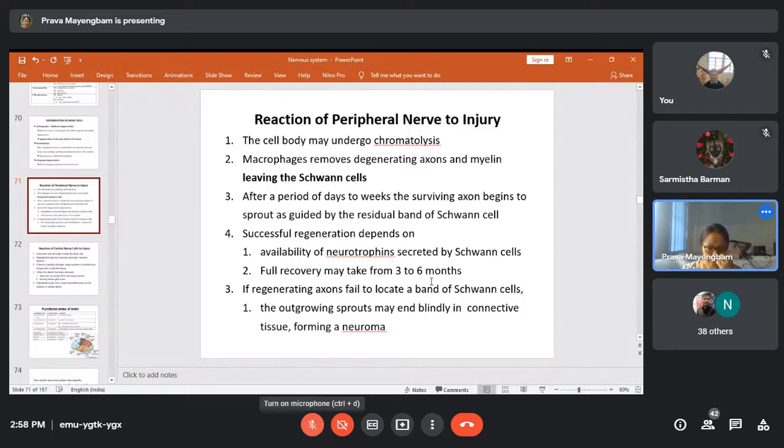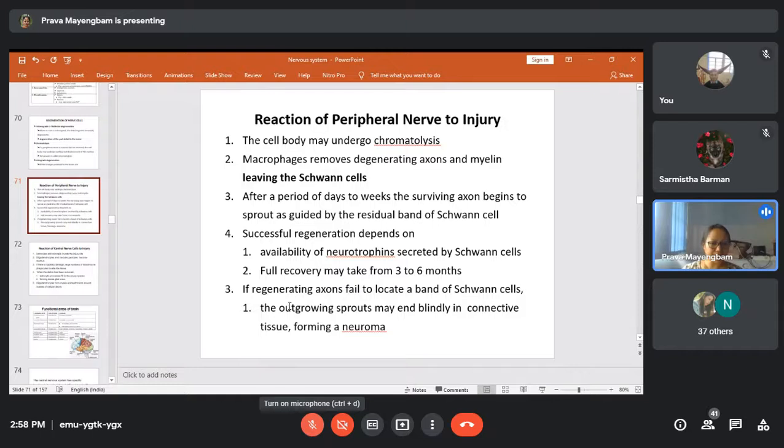Is it okay? If the injury was too much and no Schwann cells are left, or even if some are left but are not able to produce the nerve growth factors, the Schwann cells may not be able to guide or nourish this leftover axon. Full recovery may take from 3 to 6 months.